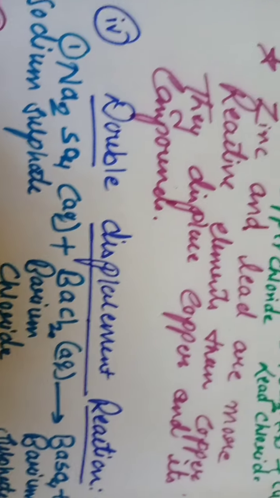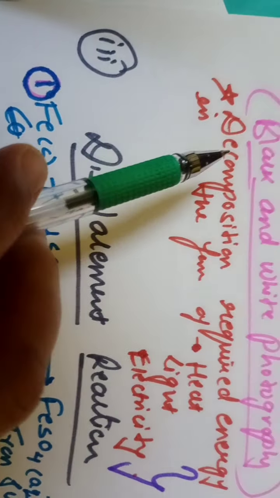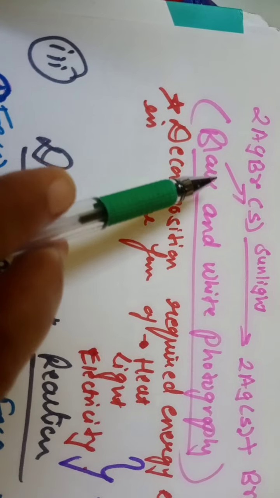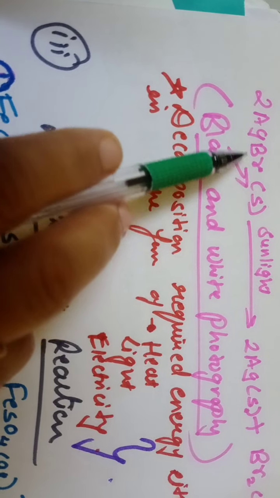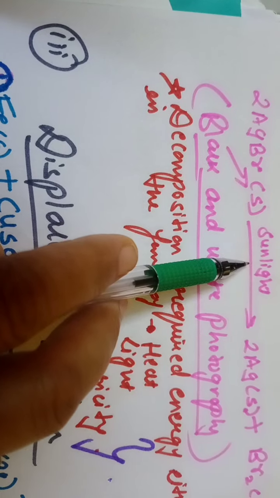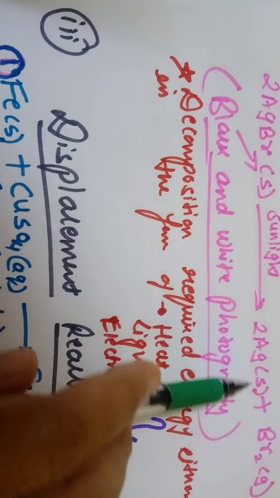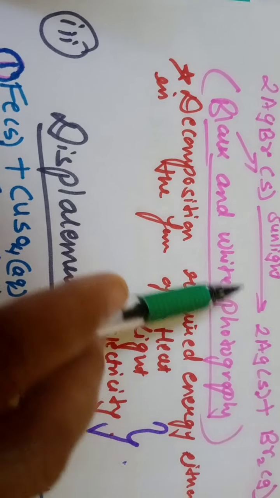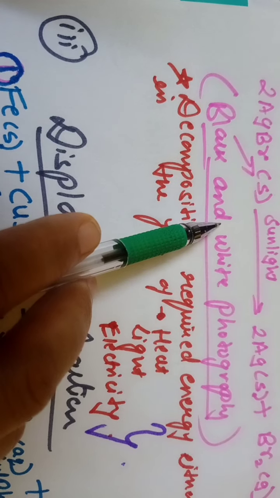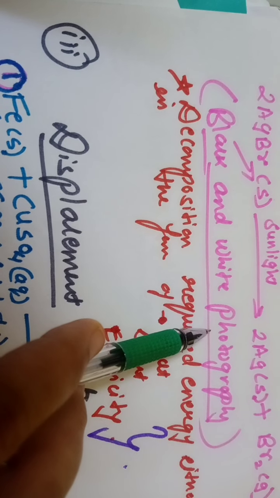Next type of reaction is AgBr. You can see here 2AgBr, that is silver bromide, which reacts in presence of sunlight to give silver and bromine. This reaction is used in black and white photography.